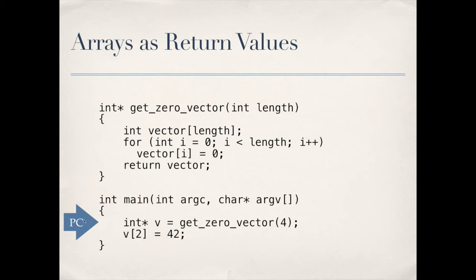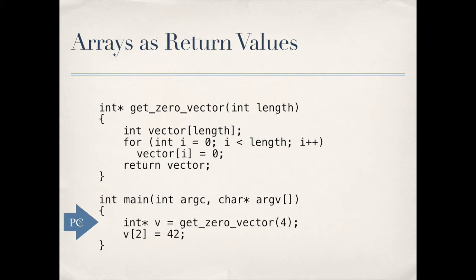So here we consider a pointer which shows the next instruction we want to execute. This pointer is the so-called program counter, that's why we'll call it PC.